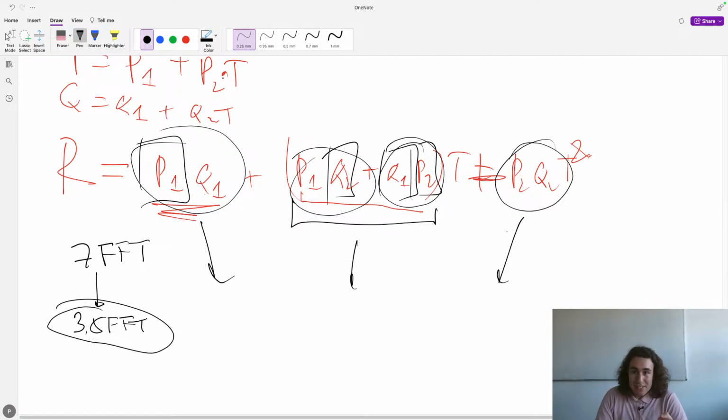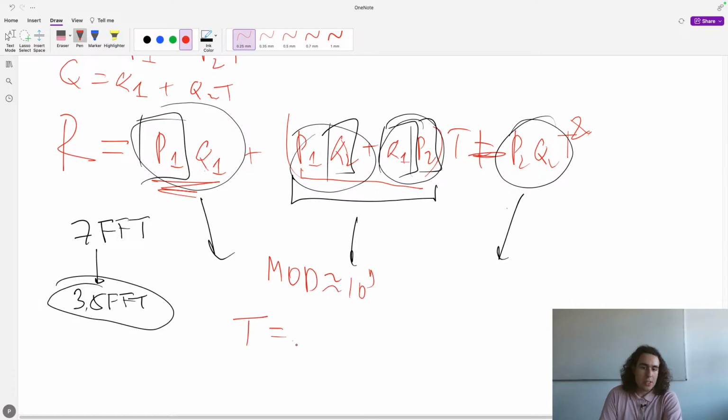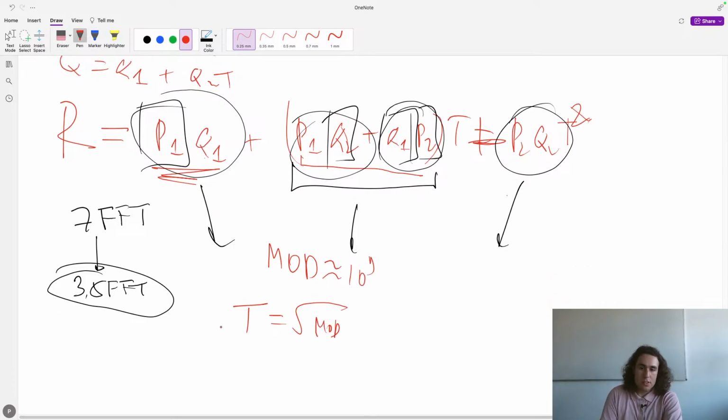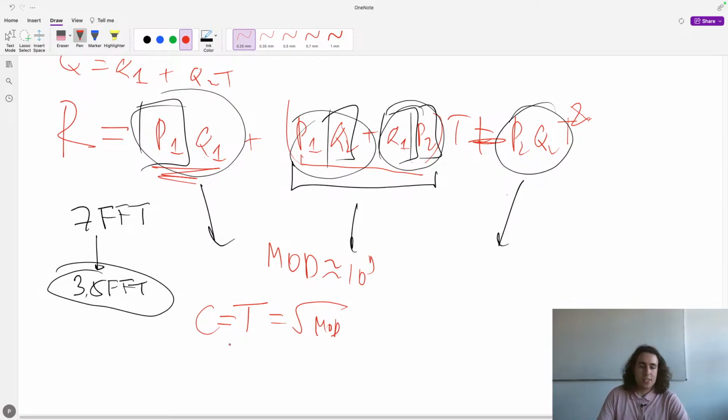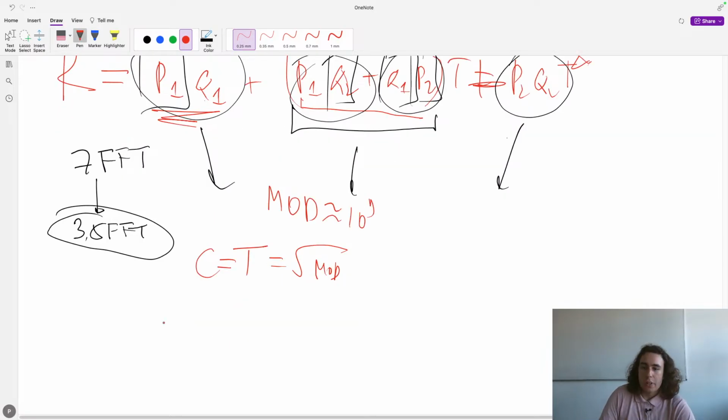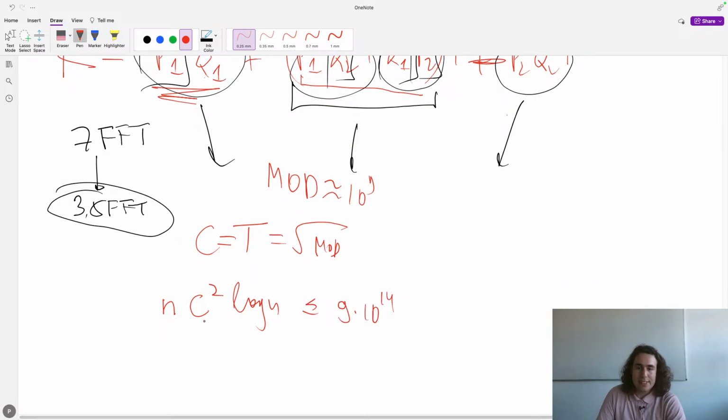But even then, you can see that if our mod is 10 to the 9 normally, then our t is the square root of mod, and this is the limit of our values that we have in our array. So we have an array of size n, right? If you remember what we talked about before about precision, we need n c squared log n to be at most 9 times 10 to the 14. c squared is mod, right?